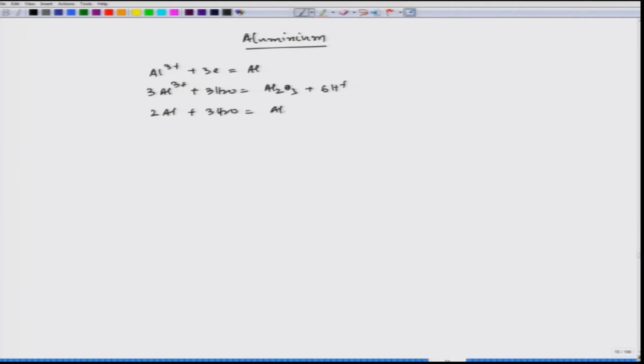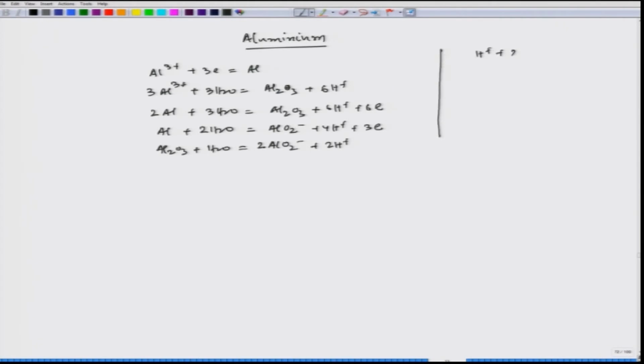I am just writing the equations first, and then of course, we have water equations. So, we have written all those equations.